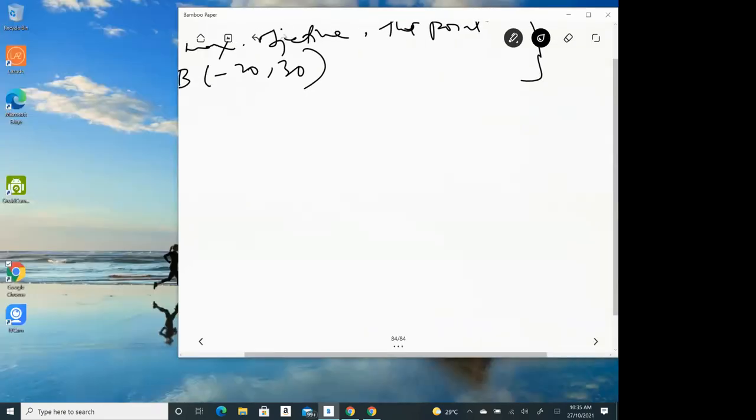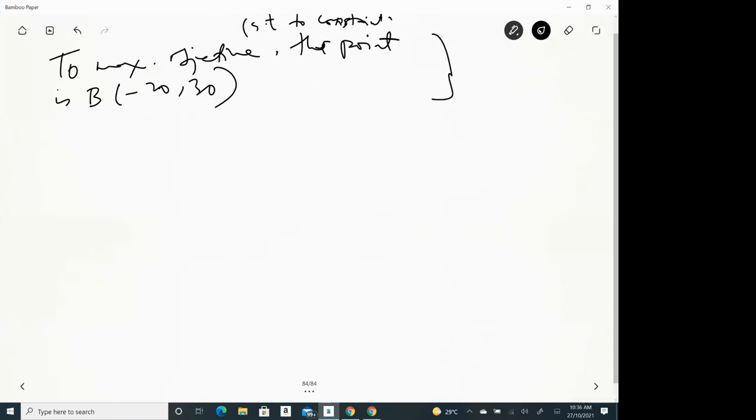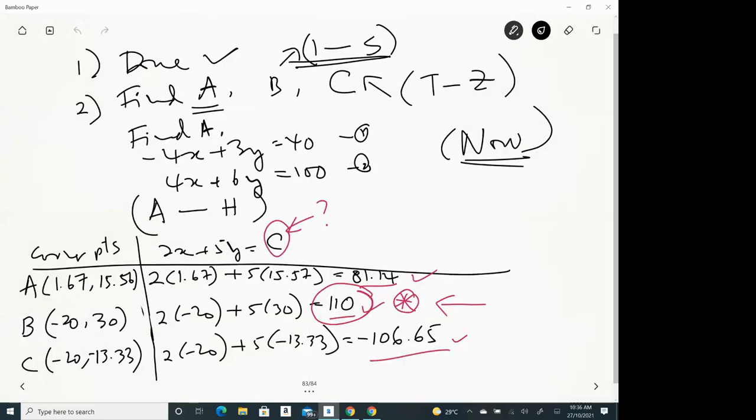Sorry, how did you determine B is the maximum of the objective? How did I know the point B maximizes the objective? Okay, you go to the table again, tell me. Because B is the largest one.